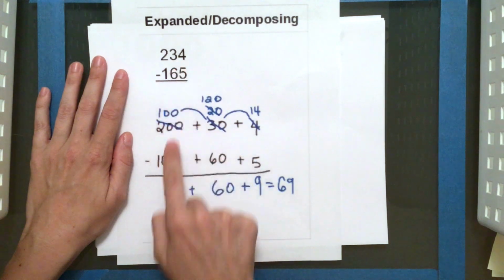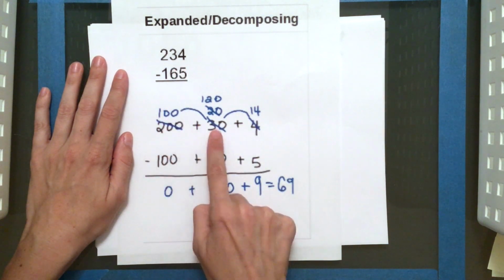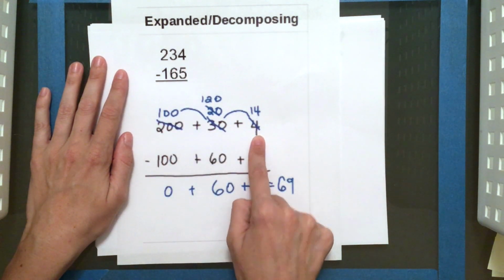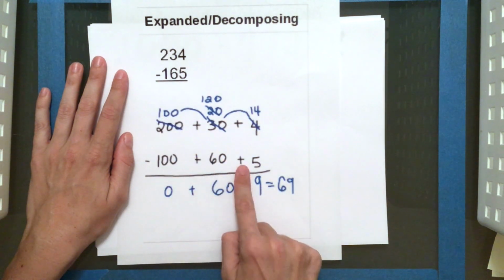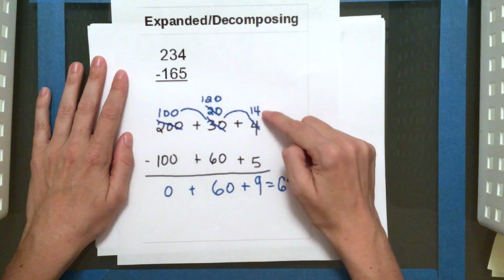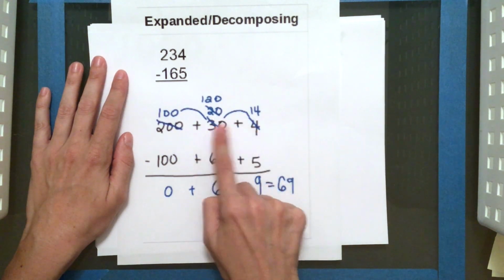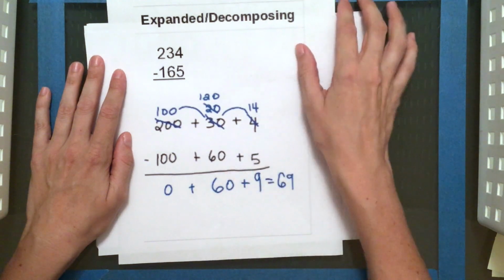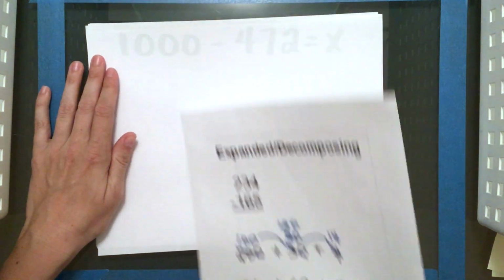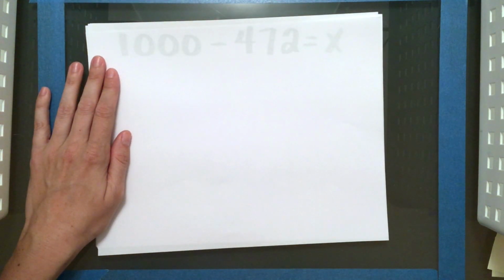So 234 became 200 plus 30 plus 4. The 165 became 100 plus 60 plus 5. And then we were able to subtract the numbers by borrowing the tens and putting them over in the ones, and the 100s and putting them in the tens to subtract. This is a review of what we learned over the past couple weeks.